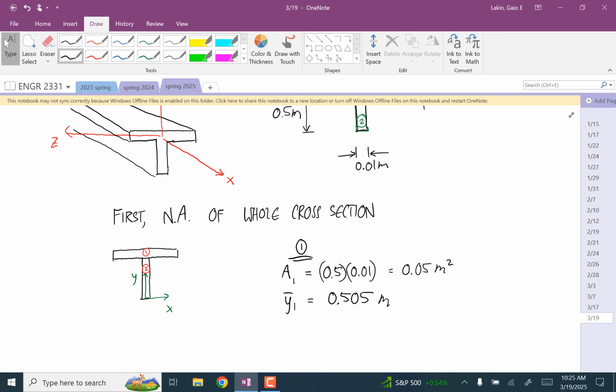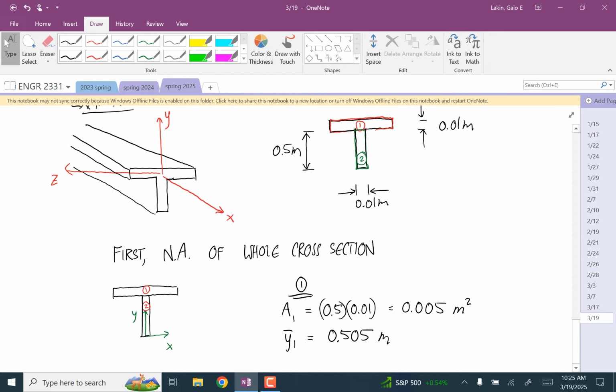You're right. Shouldn't it be 0.495, because that's above the shape? The 0.5 goes to the bottom of the top. Yeah, that's not super clear. Let me change this a little.